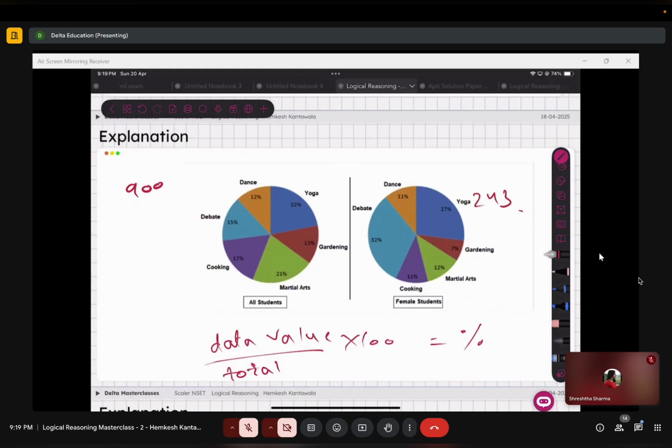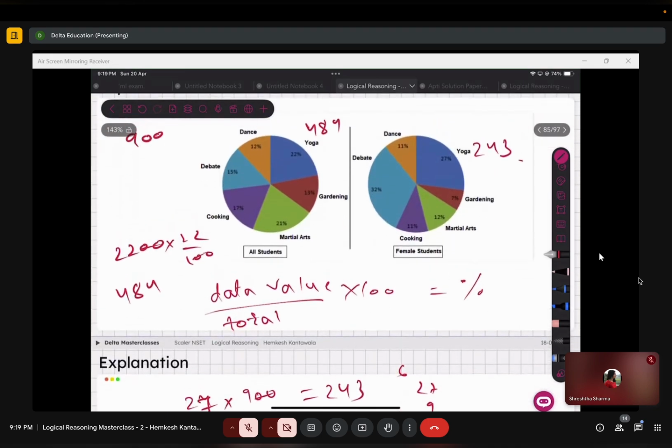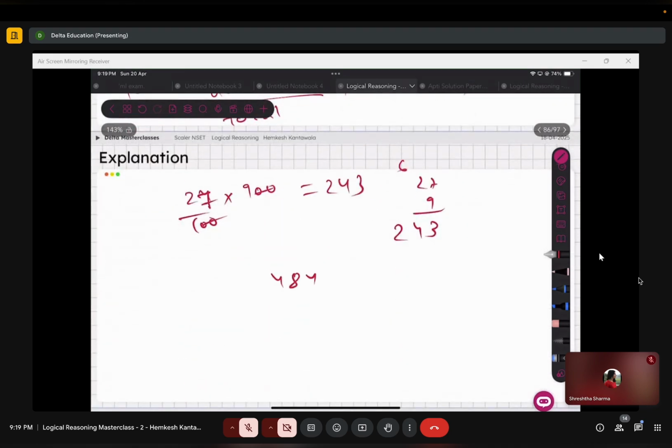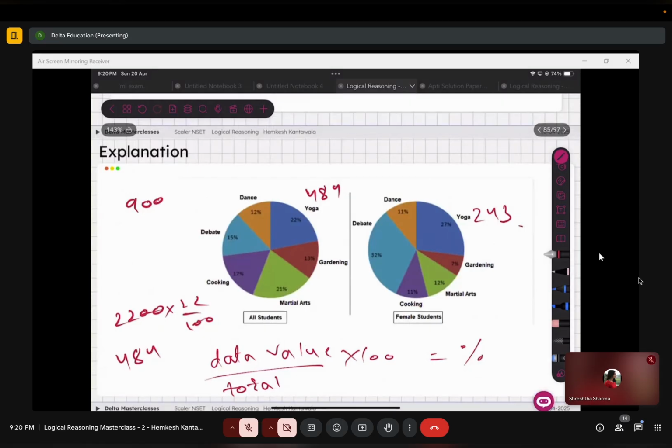Similarly, all students were 2200, and 22 percent gives 484. So yoga is 484, out of which female is 243. 484 minus 243 gives 241 male students doing yoga. If we subtract, we find the difference, and this is the lowest when we calculate for each category. Does that make sense?